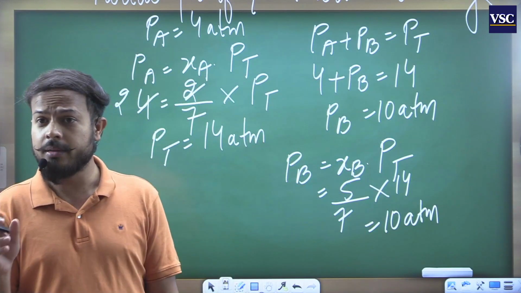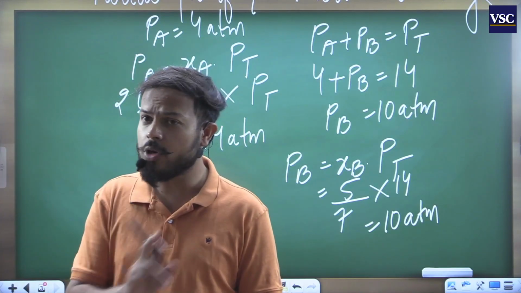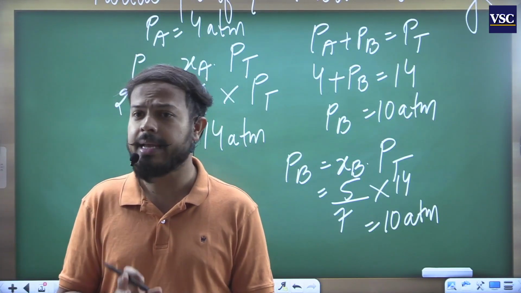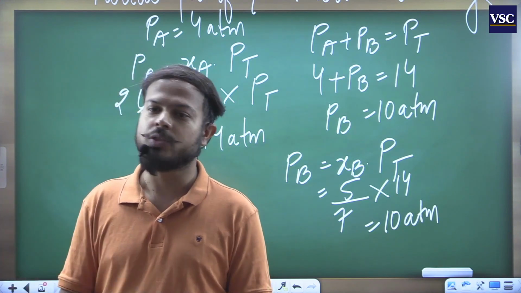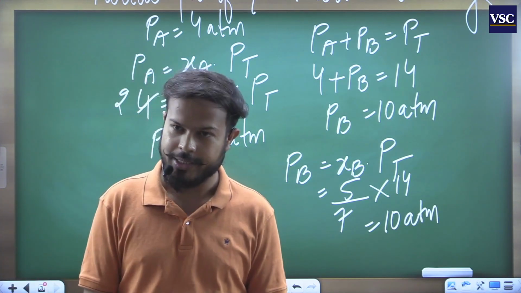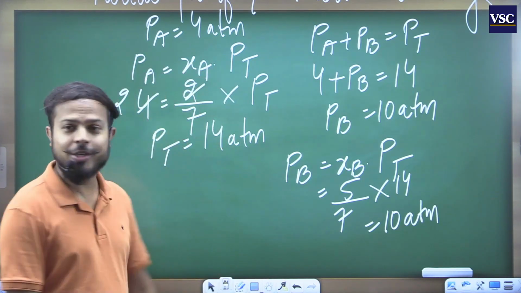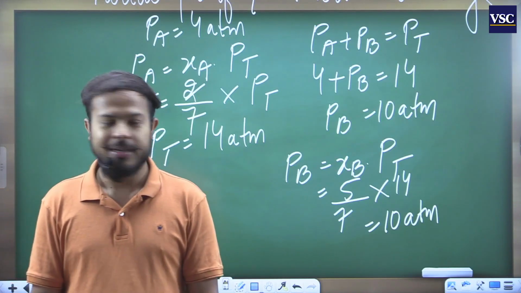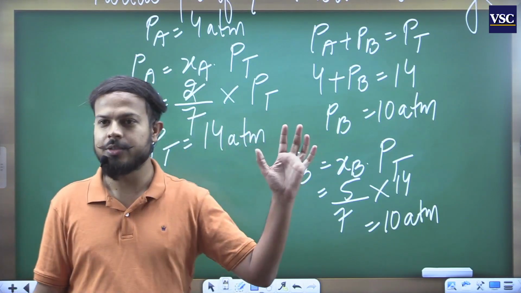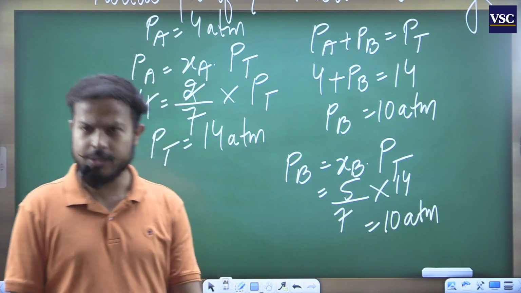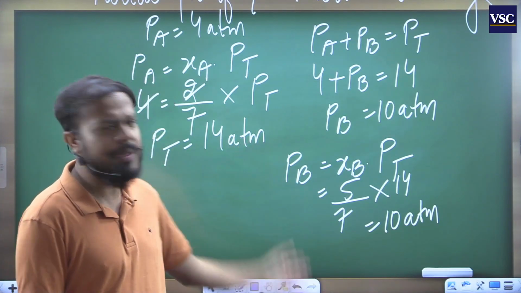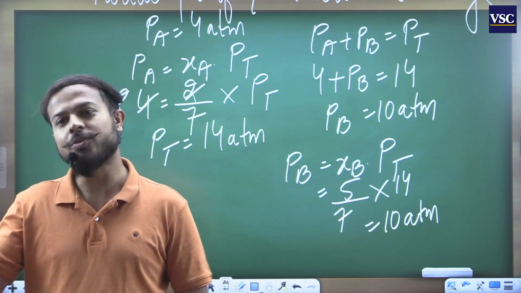And before that, we should remember that if you're not altering the moles of a particular gas, then its partial pressure will also not change. Okay, I hope you understood the topic. If you have any doubt, you can ask. We will do some more questions on it. Try the basic questions and then we'll take it to another level.